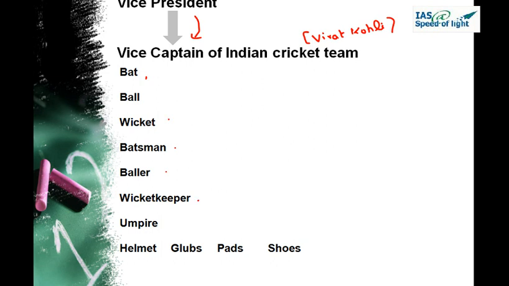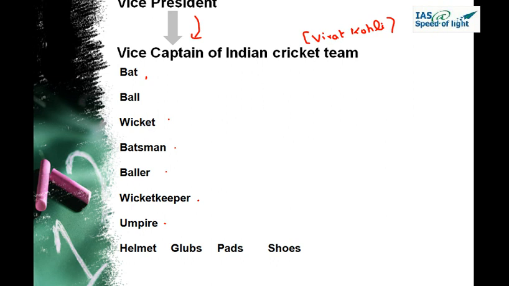Bat, ball and wicket are the three prerequisites for playing cricket. With bat, batsman; with ball, bowler; with wicket, wicket keeper; then umpire. These are the important people and prerequisites for playing cricket.